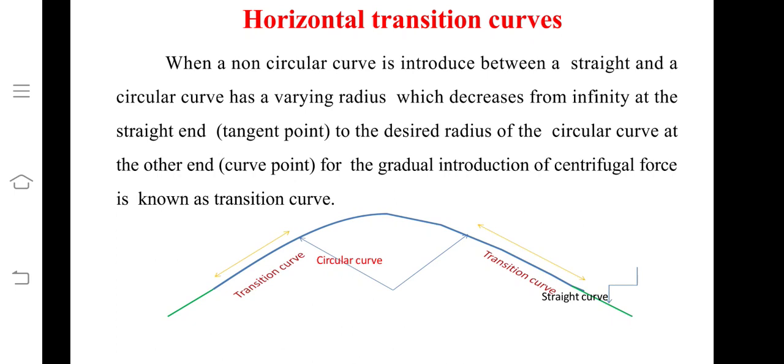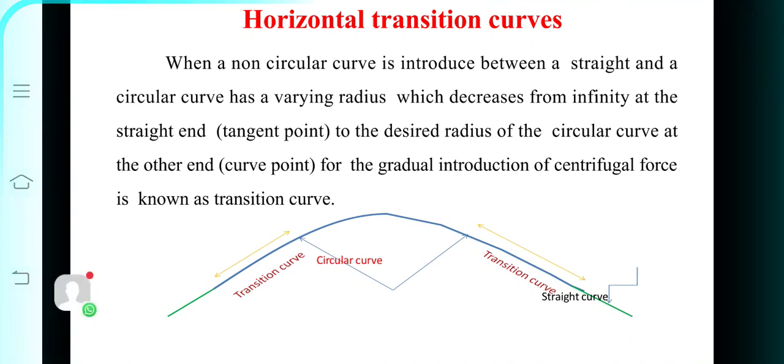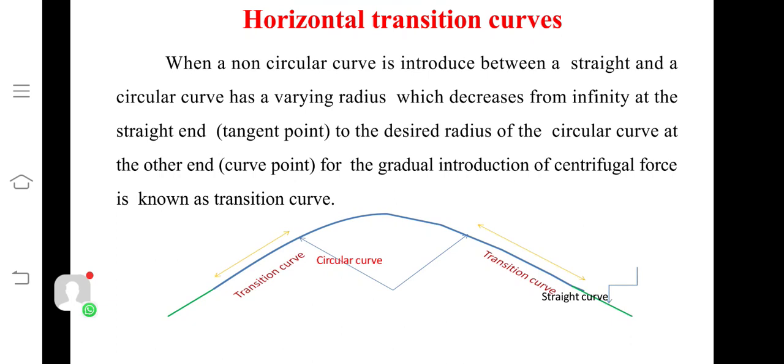It helps in gradually attaining the desired superelevation and extra widening of a pavement, and it imparts an aesthetic appearance to the road. Also, the chances of overturning of a vehicle are greatly decreased because the driver can turn the steering gradually without causing a sudden jerk on the vehicle.